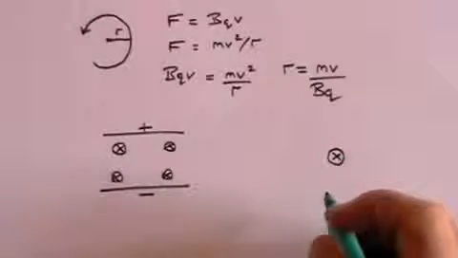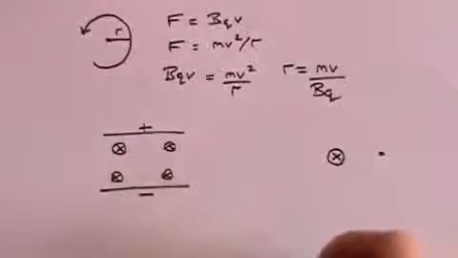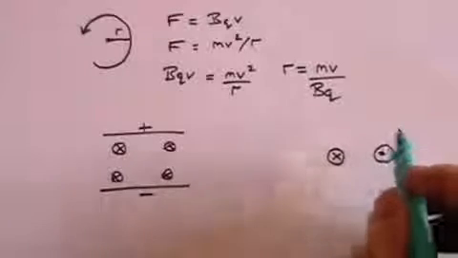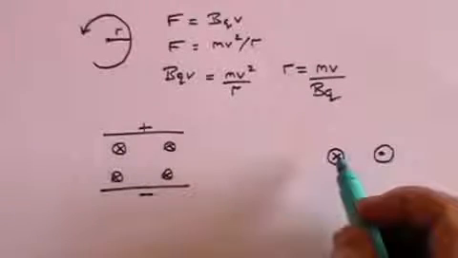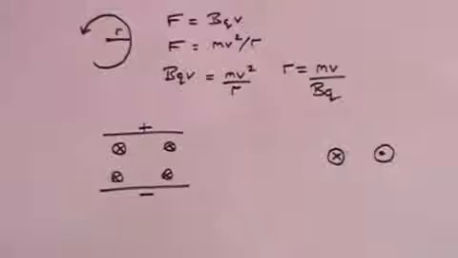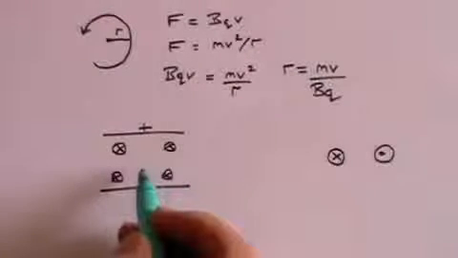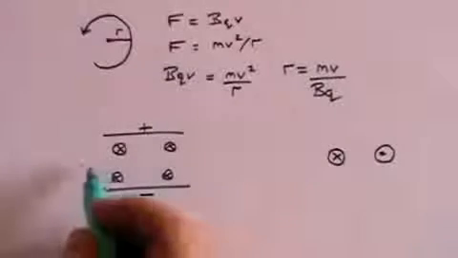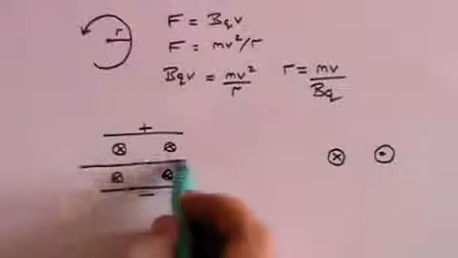What would you see if the arrow was coming straight towards you? You'd see the point of the arrow. And that symbol means the field is coming towards you, out of the paper. The cross means it's going away from you, into the paper. So here we've got a magnetic field going into the paper and an electric field coming this way. And here we've got a stream of particles.